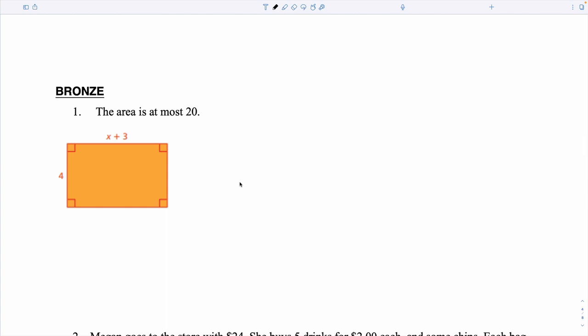You got 5 minutes to refocus with your teammate. Pencil up. 5 minutes. Starting on bronze number 1. Go. Area is at most 20. Setting these up are the most difficult parts.